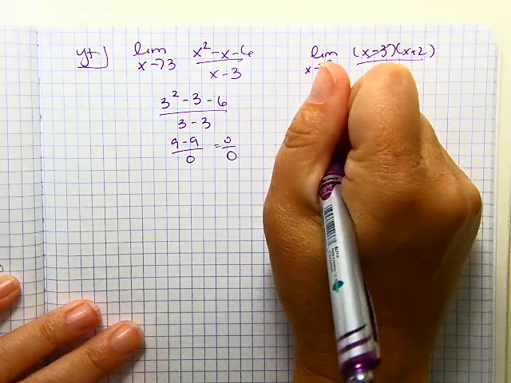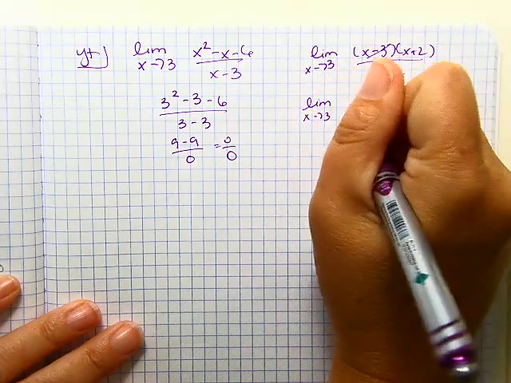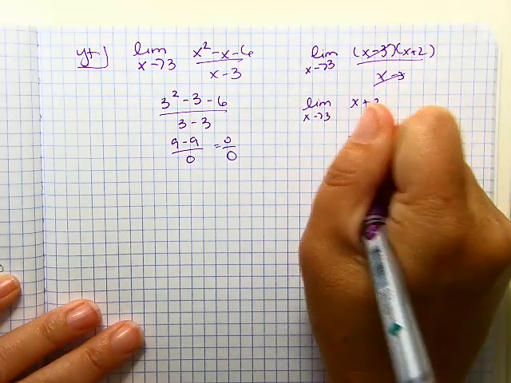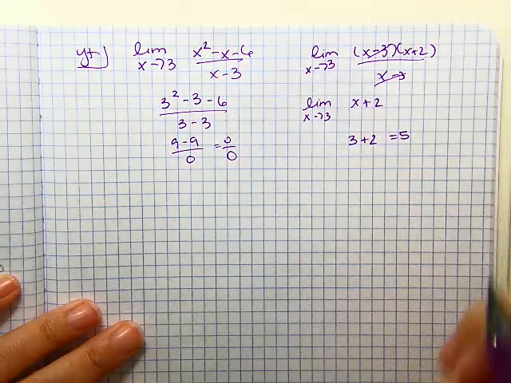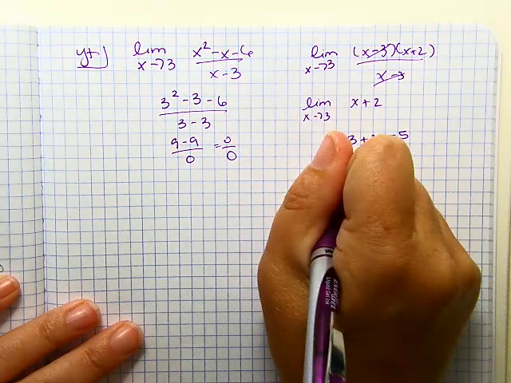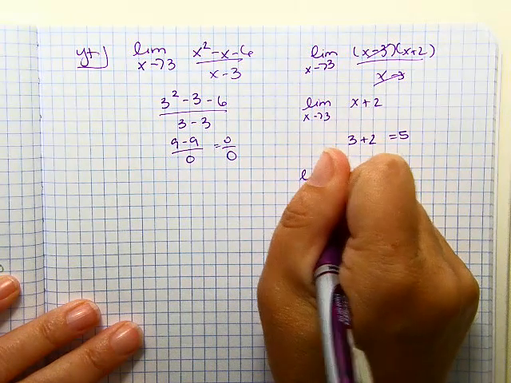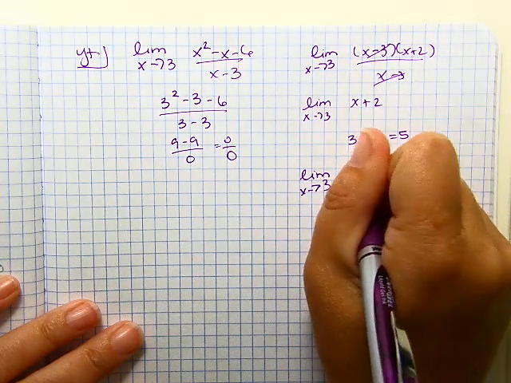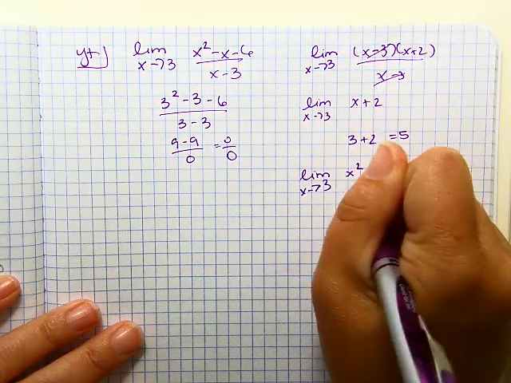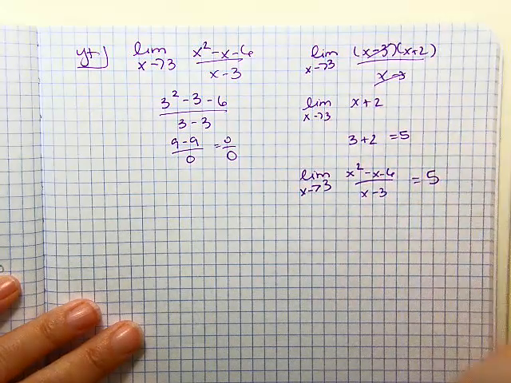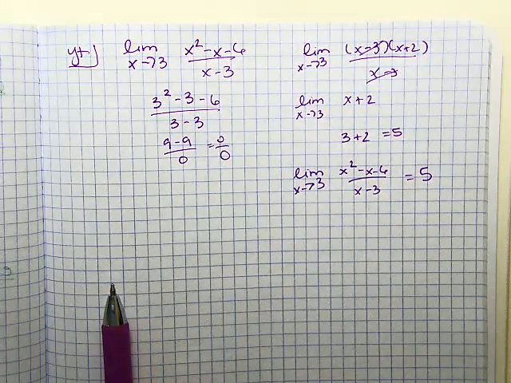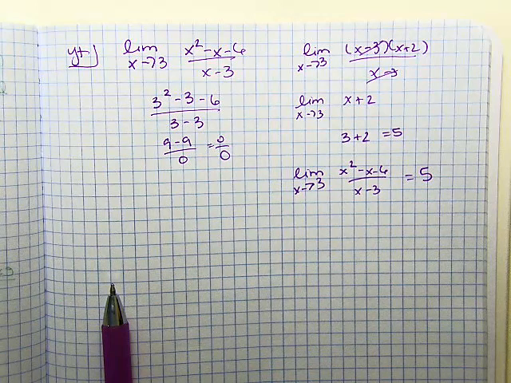So we're looking at the limit as x approaches 3 of x plus 2, which is 3 plus 2 is 5. So our final answer is 5, even though at 3 it's undefined because there's a hole there.